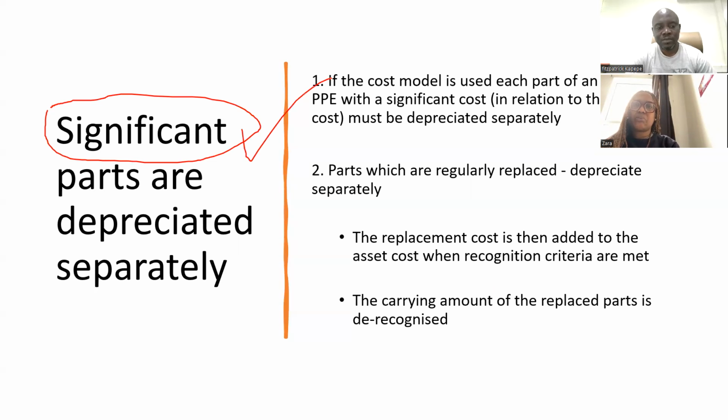The cost may also be a matter of policy as an organization. You may say anything that goes beyond £1,000 will be capitalized or regarded as a capital cost. Anything below that, you just regard as a normal expense.